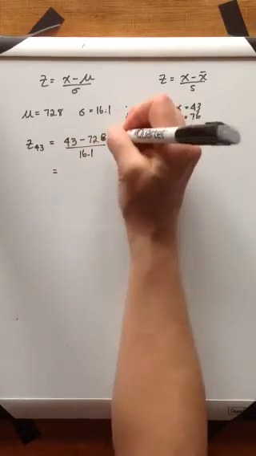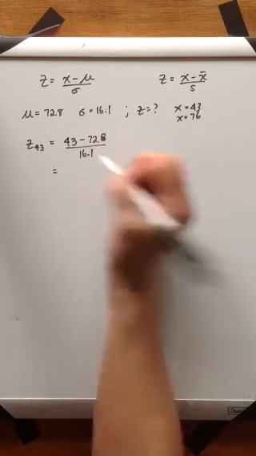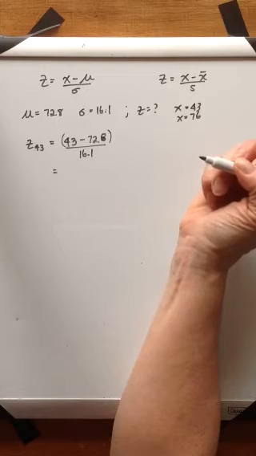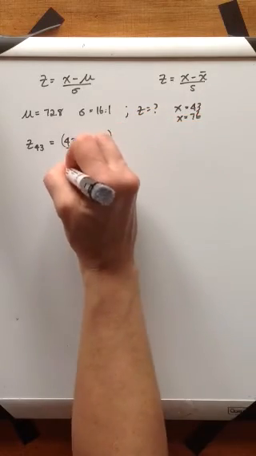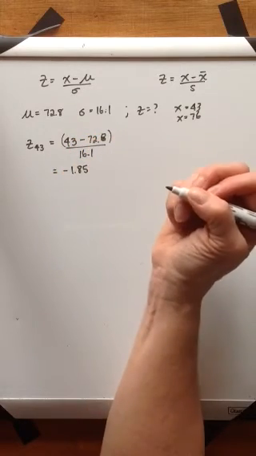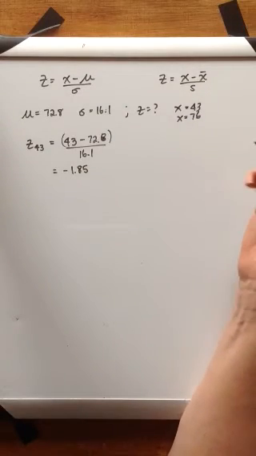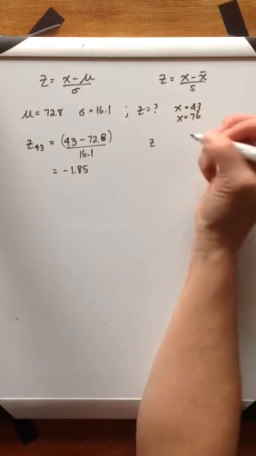When you're punching this into your calculator, make sure that you simplify the numerator first before you do the division, or punch it in with brackets if you want to do it all at once without hitting equals before the division. Okay. When you do that, you should discover that the z-score is negative 1.85. Okay, and we're going to come back to z-scores a lot more in future units too. We're just sort of planting the seed of how they work here in this lesson.